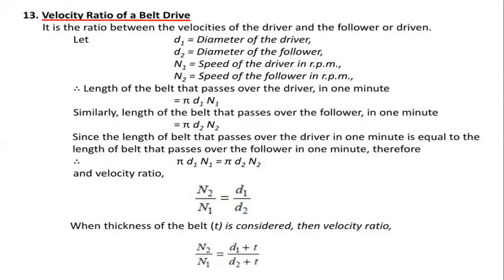Then similarly, we take the length of the belt for the follower also. That is pi into d2 into N2.